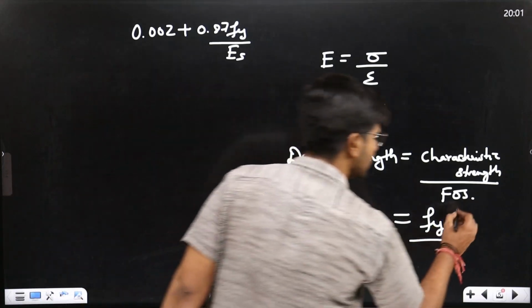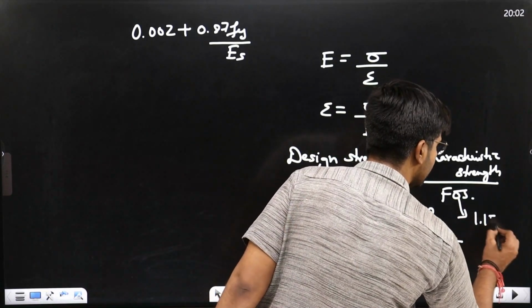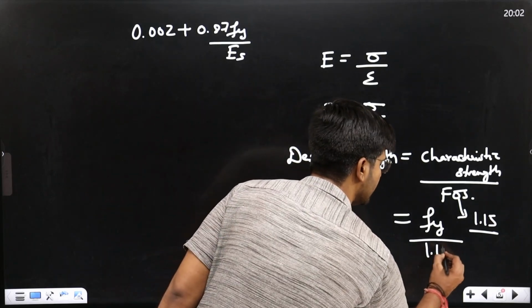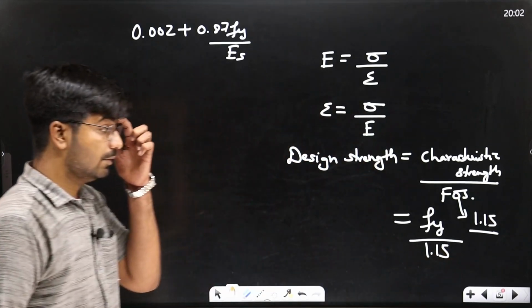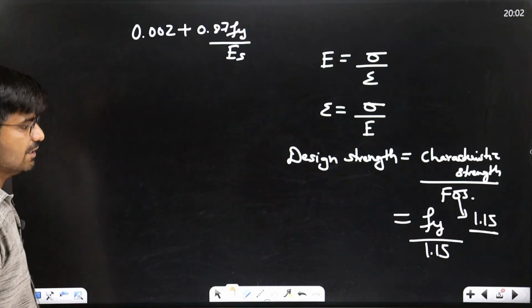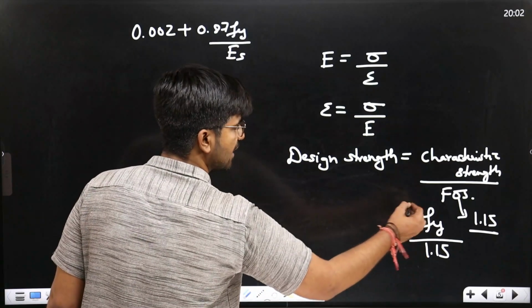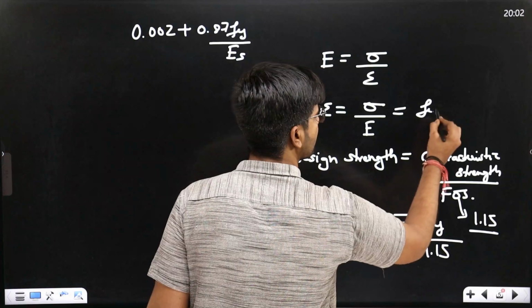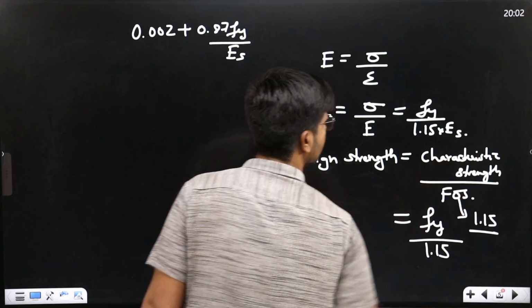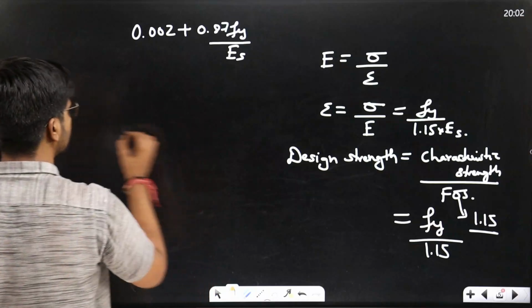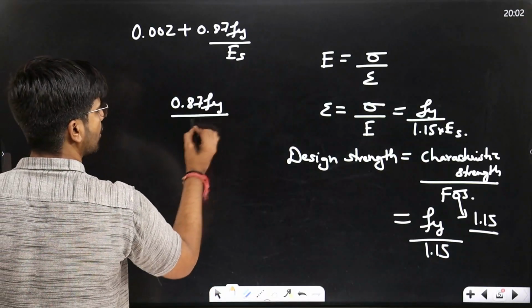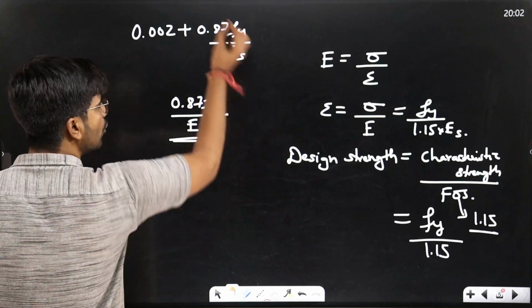We use 1.15. So I will write here Fy upon 1.15 into Es. When you solve it, you will get 0.87 Fy upon Es. This is how we got this value.